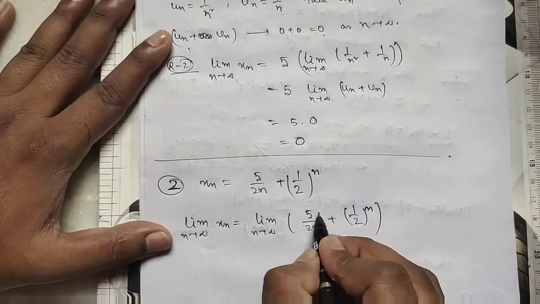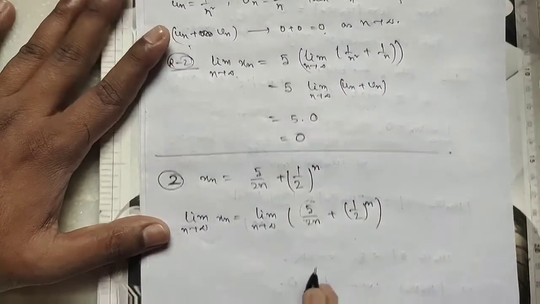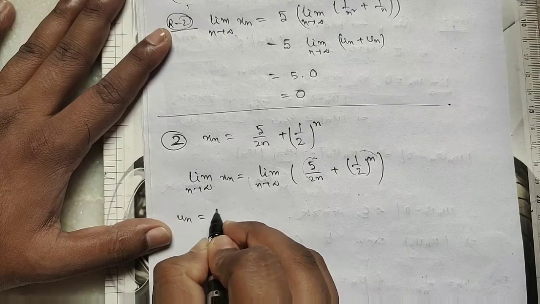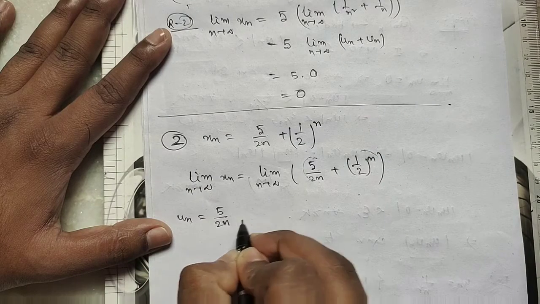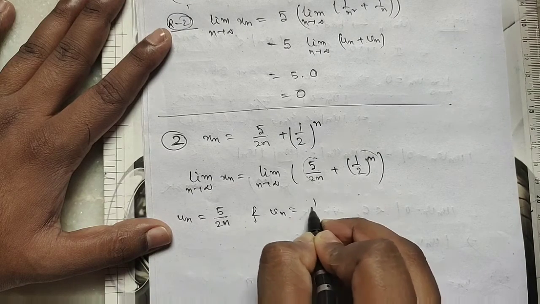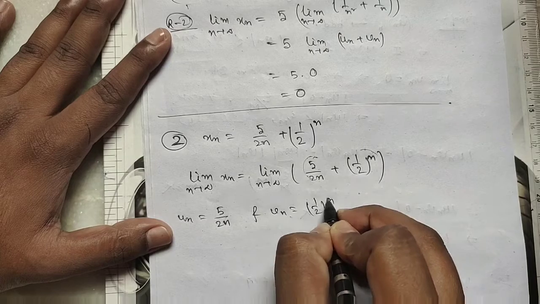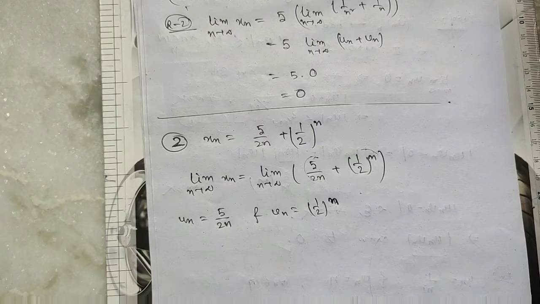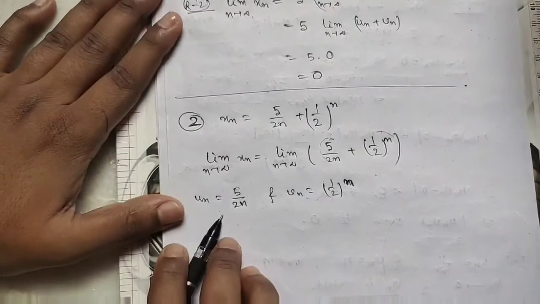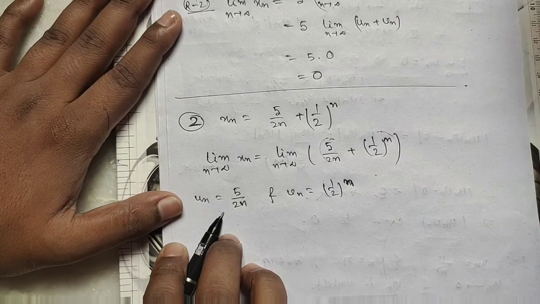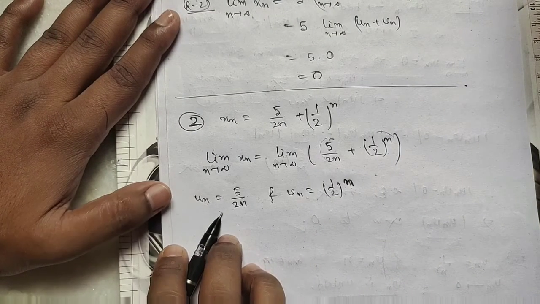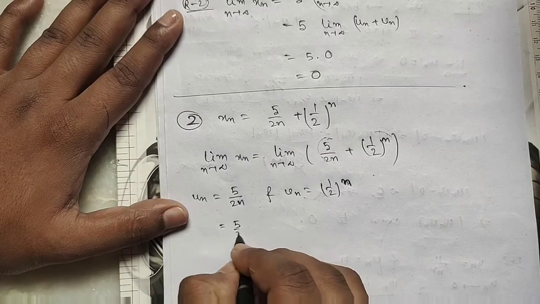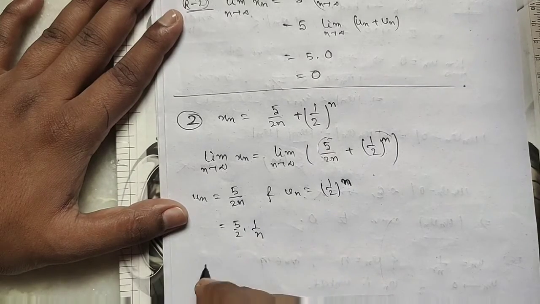So we can take this is un, this is vn. Okay, so we take un equal to 5 by 2n and vn equal to half whole to the power n. Clear? So this sequence converges to 0 because this is 5 by 2 into 1 by n.